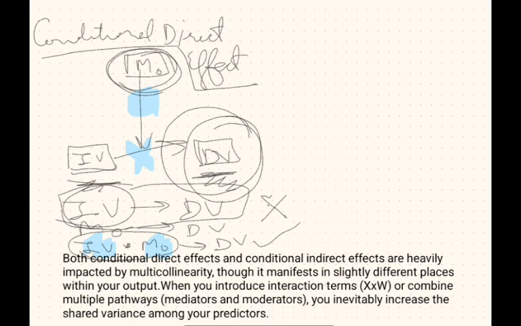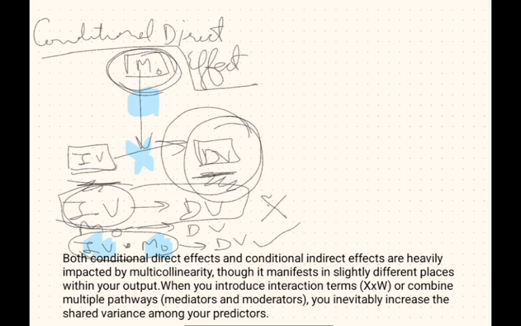Now, how will you address this? Because now it shows there is no direct effect, but moderation effect is significant. Isn't it surprising? So, for dealing with these situations, Professor Andrew Hayes, who invented process macro, says that there is conditional effect.